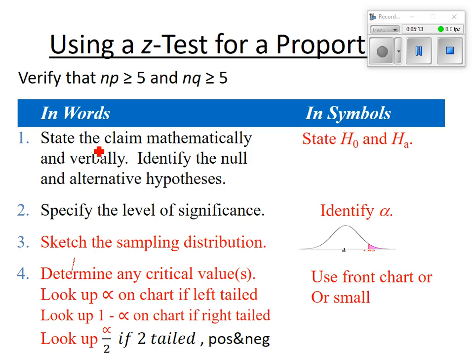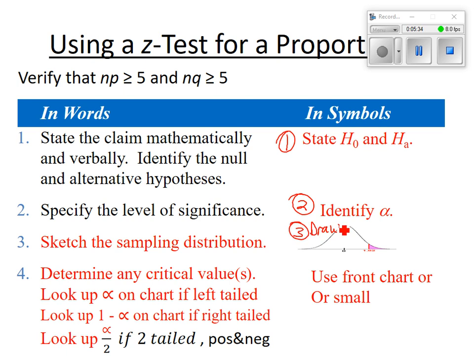So first thing, same idea: state your H0 and your HA, your null and your alternative hypothesis. Second, identify your level of significance, your alpha. They're going to tell you that most of the time. Number 3, draw the picture.